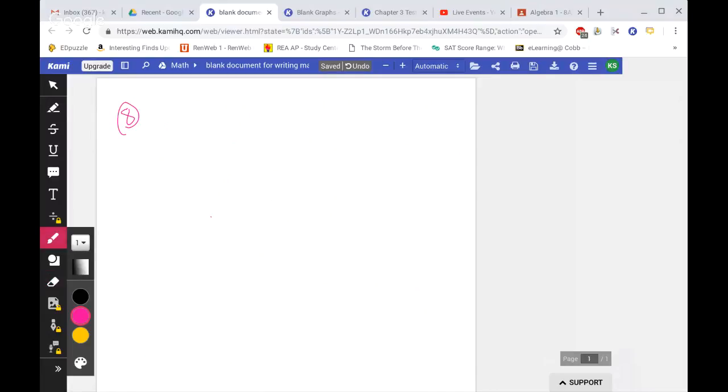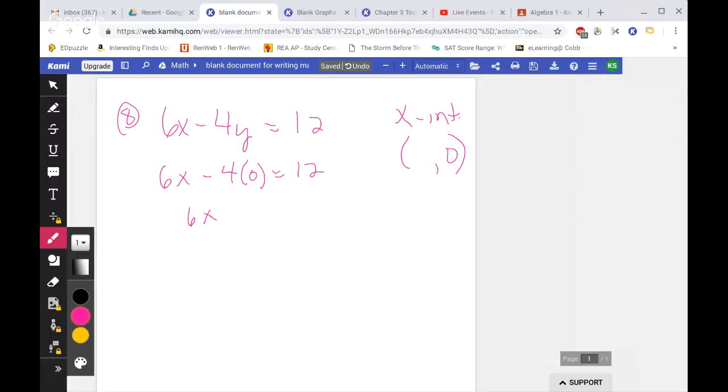Okay, this is number 8. 6x minus 4y equals 12. To find the x-intercept, you plug in 0 for y. This becomes 0. So now we have 6x equals 12. And we'll divide both sides by 6. So 2 is our x-intercept.